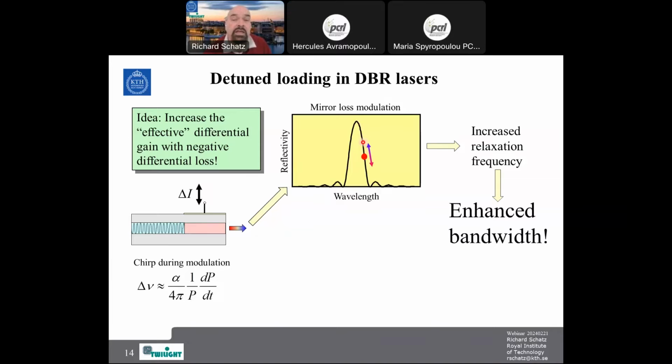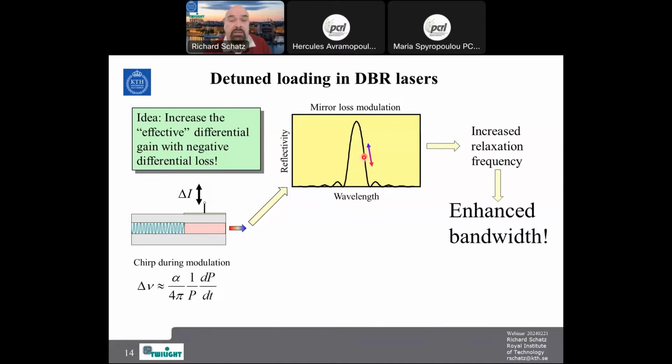That means that mirror reflectivity will go up, the optical losses go down. So it means that when you increase the carrier density here, not only do you increase the gain, but you also reduce the optical losses. And that will give a higher effective differential gain. You change the gain minus the losses a lot if you are modulating on this flank here.